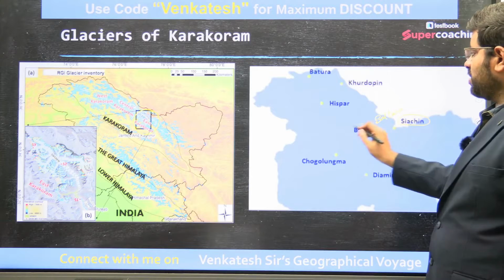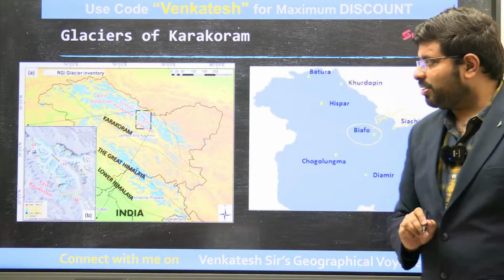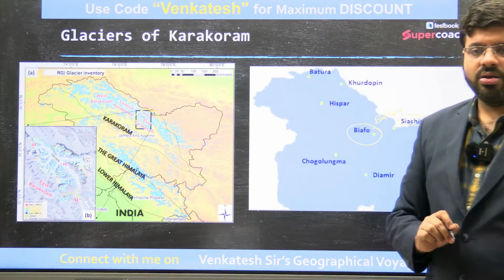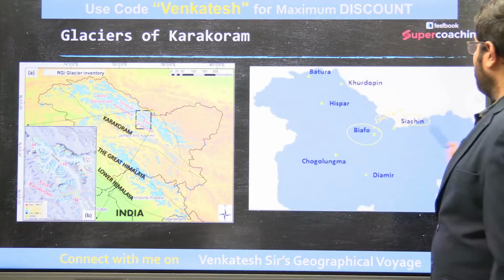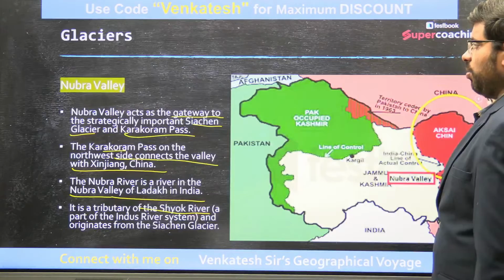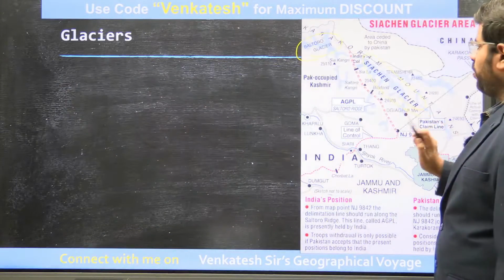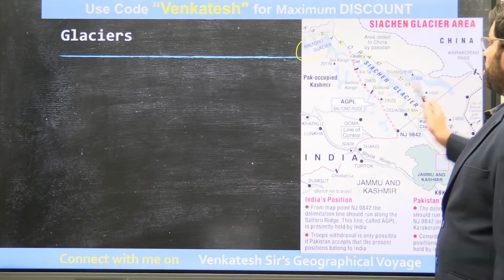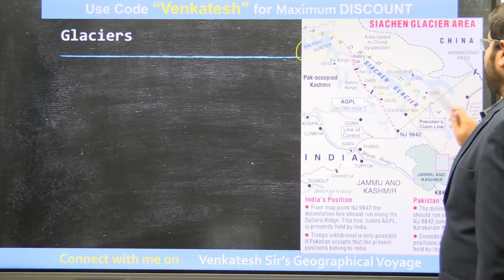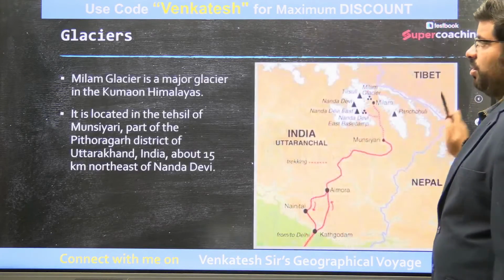Just very near to the south of that, we have the Biafo glacier. All these are located between the Karakoram ranges. This is what I want you to remember, Baltoro range and all those things. So this is another important valley, Baltoro range, located to the north of Siachen, to the west of Siachen glacier. Right.